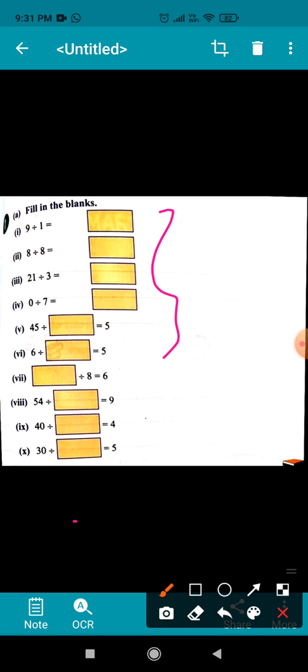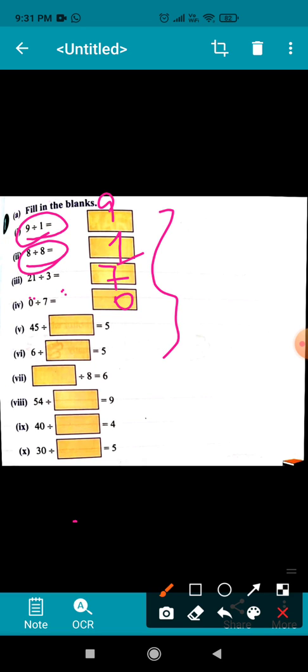Okay. So 9 divided by 1, you will get 9. 8 divided by 8, a number divided by itself, you will get 1. 21 divided by 3 means how many times do you read the table of 3 to get 21? 3 sevens are 21, right? 0 divided by 7 is 0.